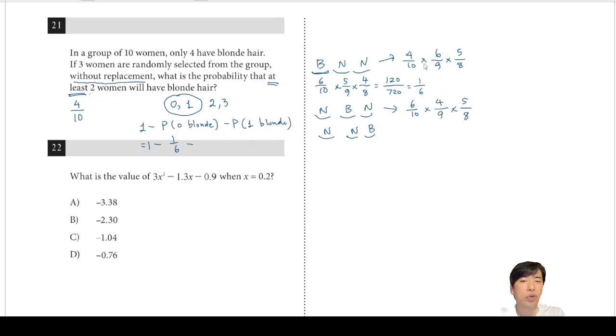And in the numerator you have 4, 5, and 6. 4, 5, 6, they are the same. This will be the same thing too. So this probability of choosing one blonde is basically 3 times this probability. 10 times 9 times 8 times 4 times 5 times 6.